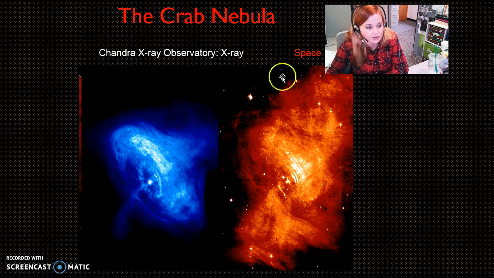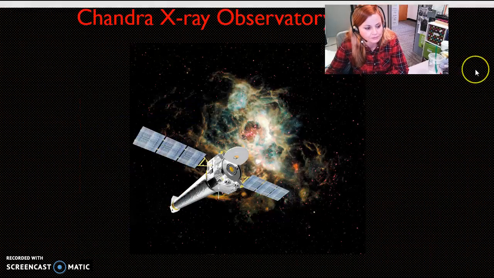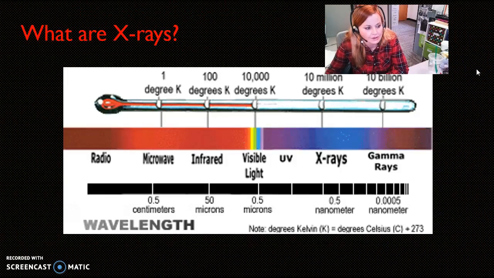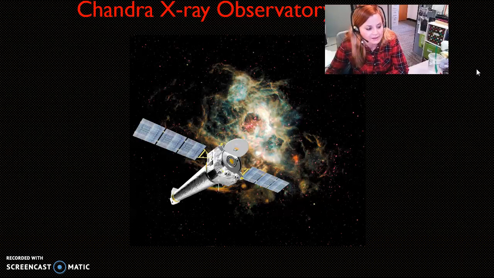The Chandra X-ray Observatory does this and can take pictures of this energy as it is kind of just being pulled into that event horizon of the black hole. Okay, so that is kind of the end of this part of the life cycle of stars.